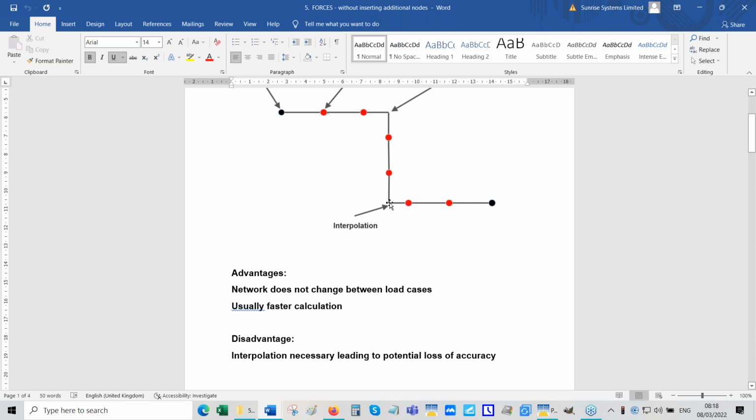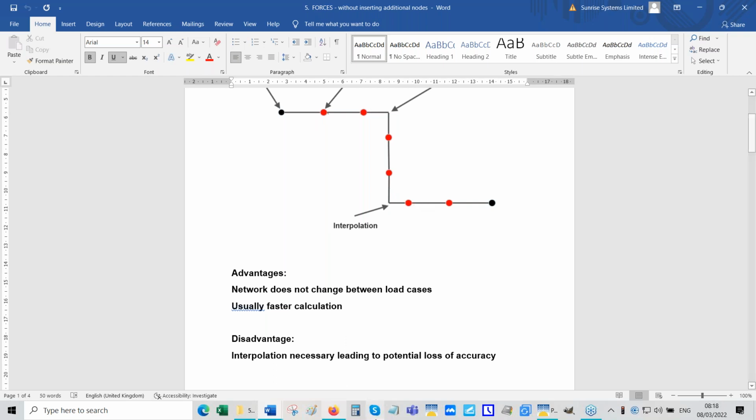And again, the linearity which we assume when we do the interpolation is not grossly inaccurate. So that's why I use the words potential loss of accuracy. Often, the level of loss in accuracy is quite small. And so these are the advantages and disadvantages of having grid points.